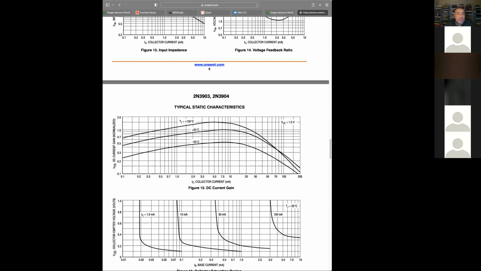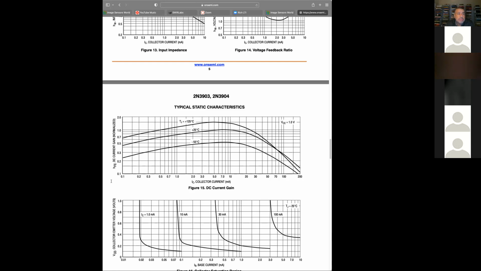So at very low collector current or very high collector current, you get very low beta values. There's kind of a sweet spot, in the 3 to 10 milliamps, I guess, where you have a reasonably high beta, but things tend to drop off.